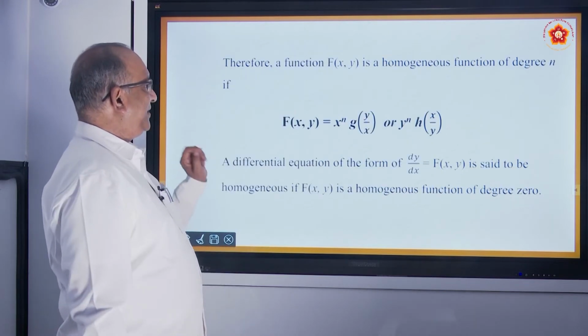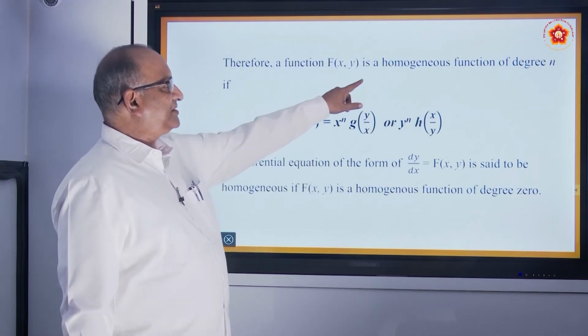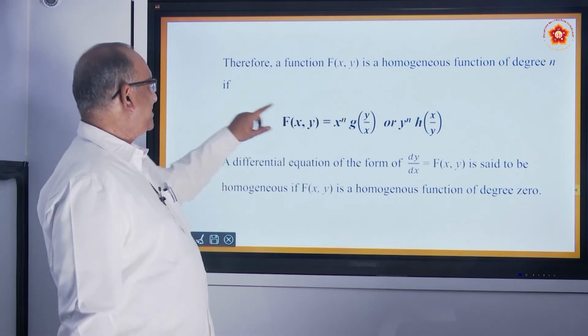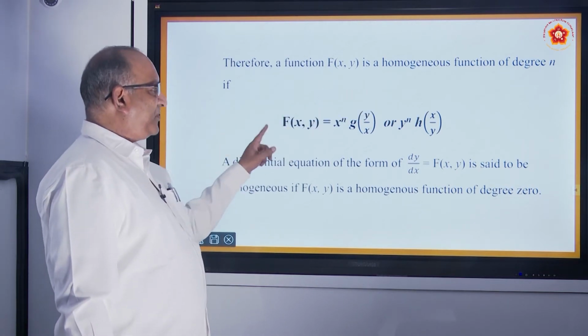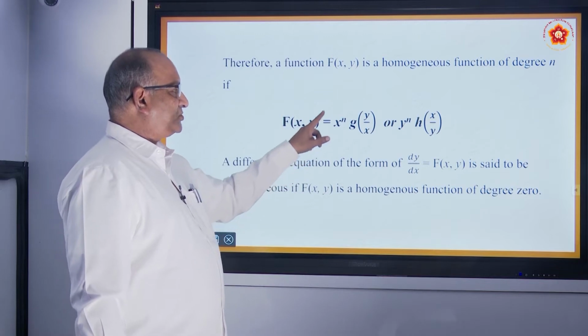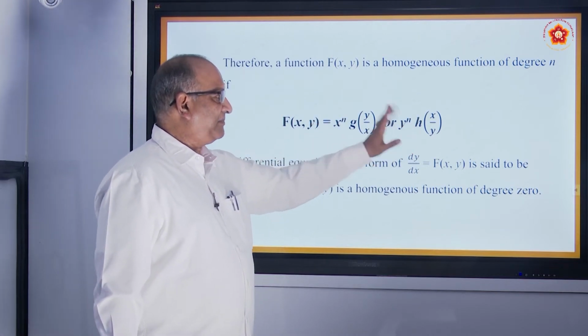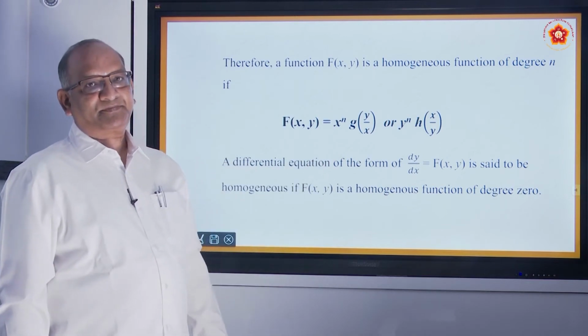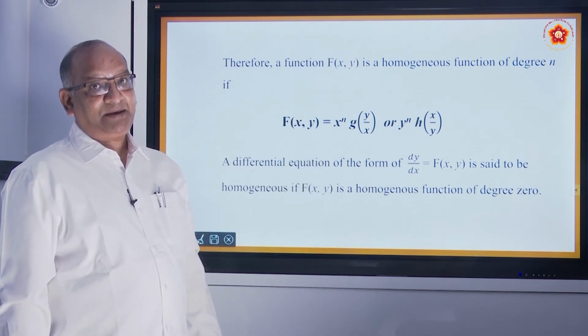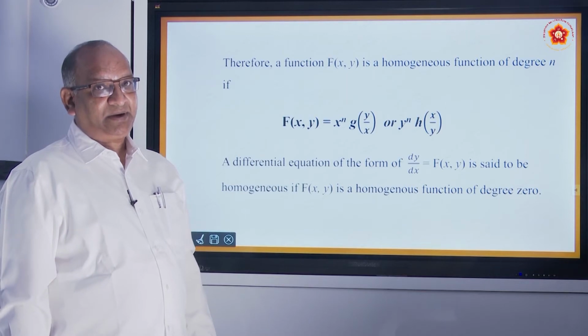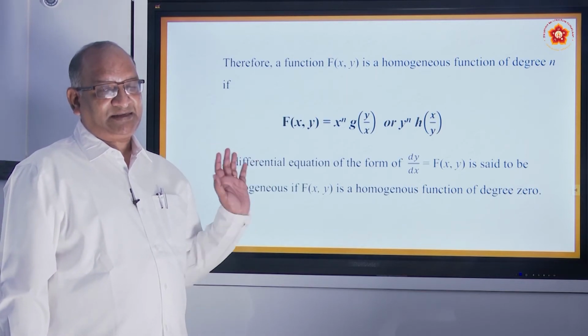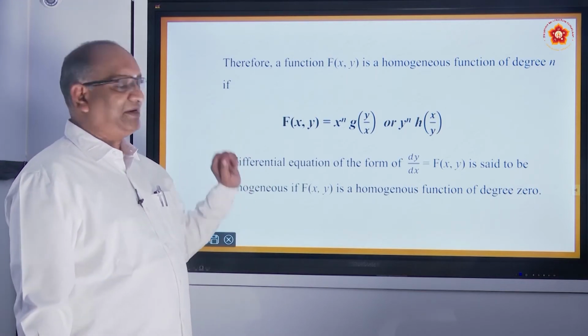Let us move on. Therefore, a function f of xy is a homogeneous function of degree n if f of xy is equal to x to the power n g of y by x, or y to the power n h of x by y. How did this come? What do you understand by it? What we discussed appears to be different from this definition.